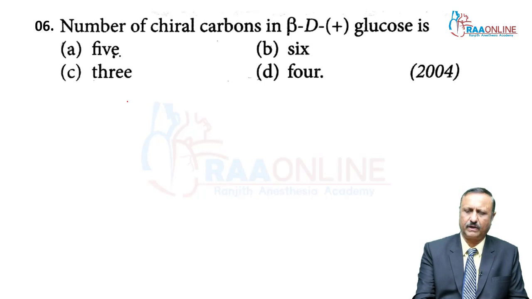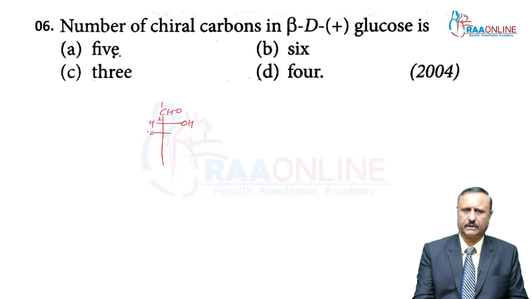My dear friends, first of all you can write the ring structure of glucose. Here is the CHO, and on the first carbon atom HOH, second HOH, and on the third carbon atom an OH group is present, then fourth HOH, then the fifth carbon atom. This oxygen atom makes this ring, and the CHO group is present in this form.